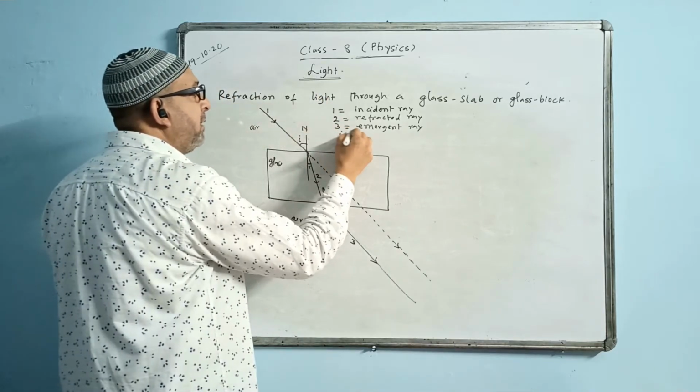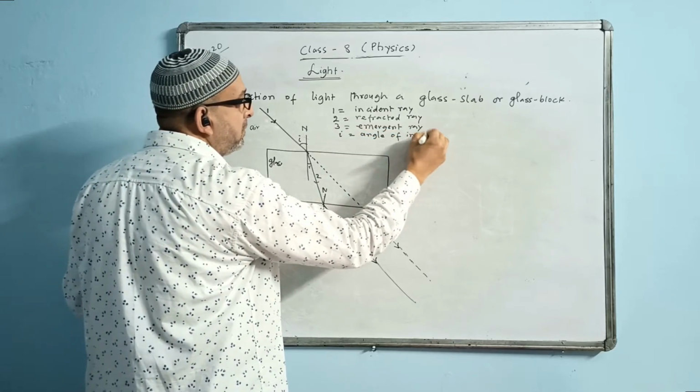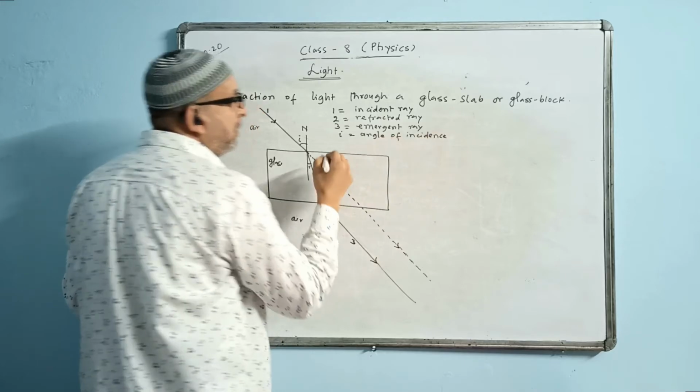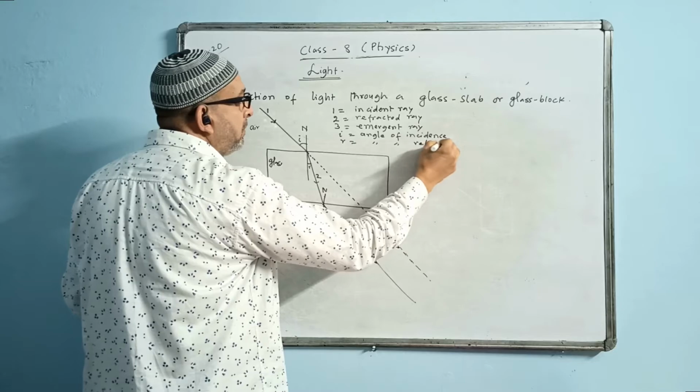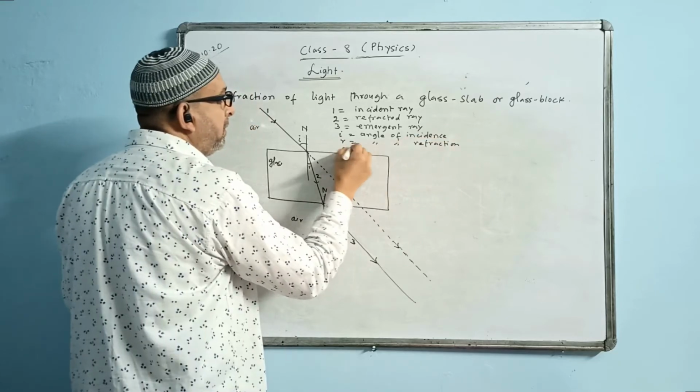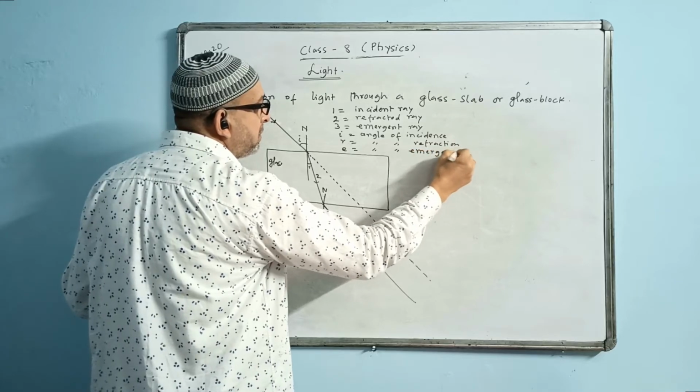Angle I is angle of incidence, R is angle of refraction, and E is angle of emergence.